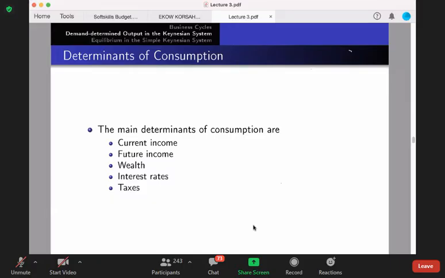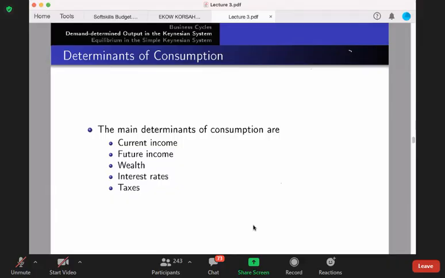If the person's income increases, the chances that he will spend more are high. If the person has some future income, his consumption spending is likely to increase. If he has some form of wealth, some gold stored somewhere, a couple of houses, some shares, they'll give him returns, and those things can, what of interest rates?